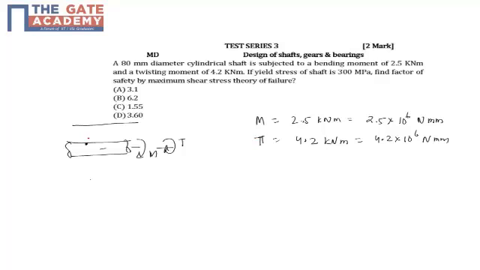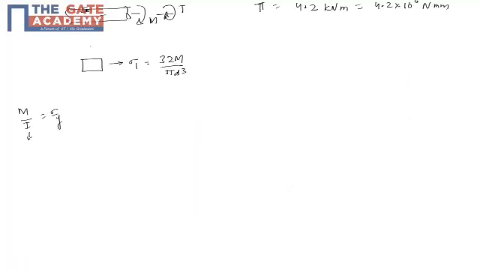If you combine these two and take a small element here, the maximum principal stress due to bending, because it's a circular shaft, I'll directly write as 32 M by pi d cube. Otherwise the way you get it is M by I equals sigma by y, where I for the circular section is pi d power 4 by 64, and y is d by 2.